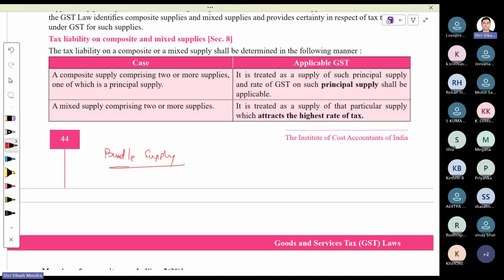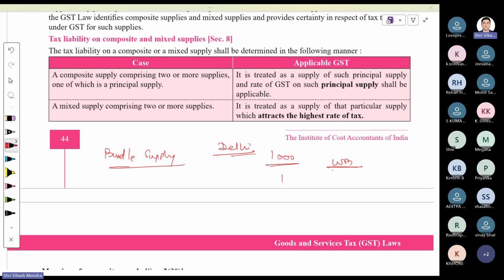For example, suppose a customer from Delhi, I am located in West Bengal. He asks me to supply 1,000 pieces of this type of pen. So I pack this one. One question there. Yes, sir.